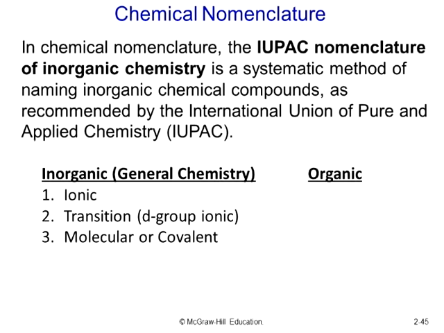Inorganic is the area where we look at general chemistry. Within the inorganic general chemistry area, ionic nomenclature, transition metal nomenclature, which involves D group ionic compounds, and we look at molecular or covalent compounds. In general chemistry, we don't get into the organic area other than as an overview.